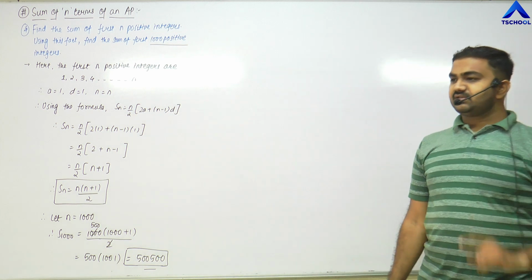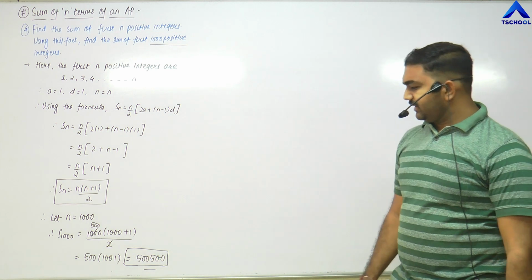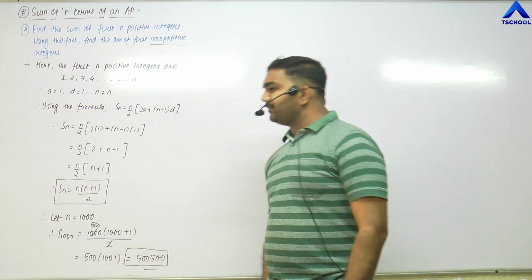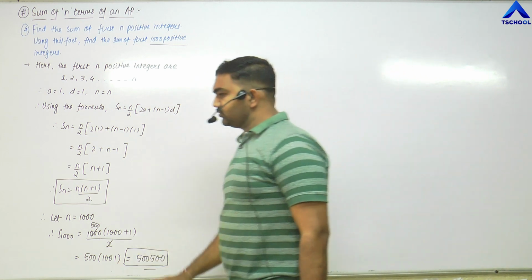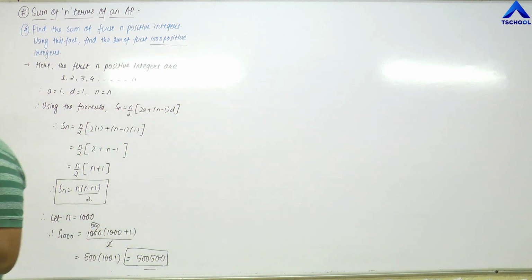Is it clear, friends? So that is how you can get the sum of first n positive integers and also the sum of first 1000 positive integers. Is it clear, everyone? Okay, now let us try to solve some more.